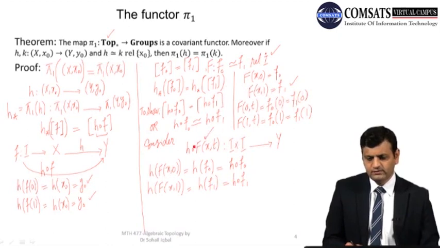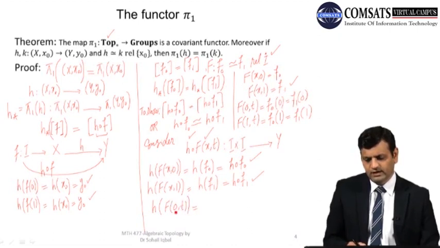Also, F is continuous, H is continuous, so their composition is continuous. So we have a continuous function from I cross I to Y, such that at t is equal to 0 we have this map, at t is equal to 1 we have this map, and other conditions can also be seen. So for example, let's see what is H of F(0,t).